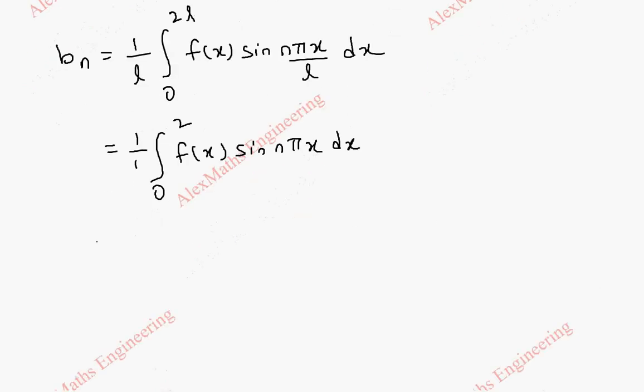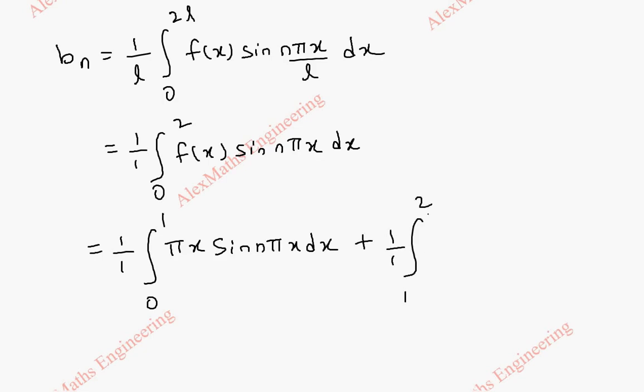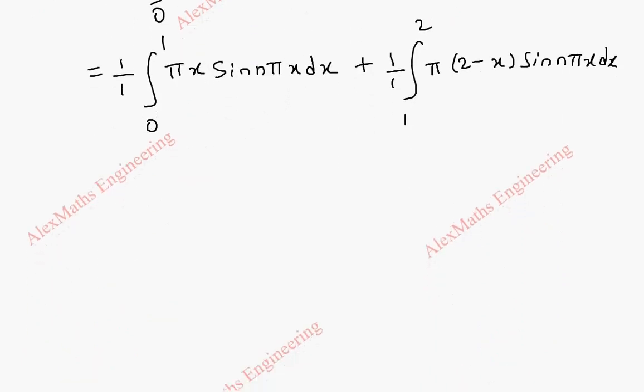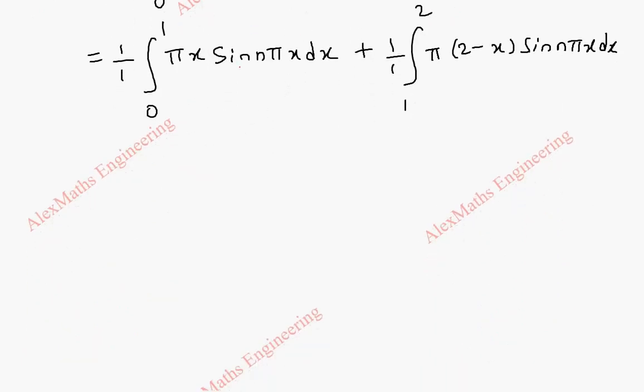And this we are going to split into two parts. 1 by 1 integral 0 to 1 pi x is the first part, sin n pi x dx, plus again 1 by 1 integral 1 to 2 is our limit, and here it is pi into (2 minus x) sin n pi x dx.